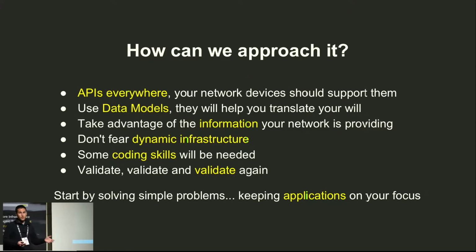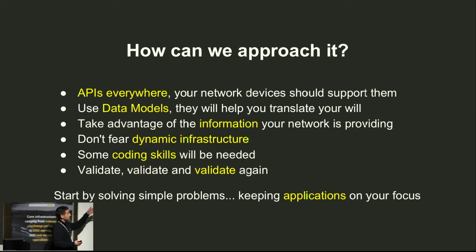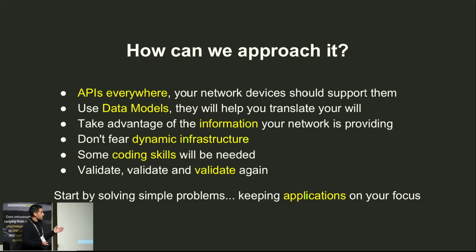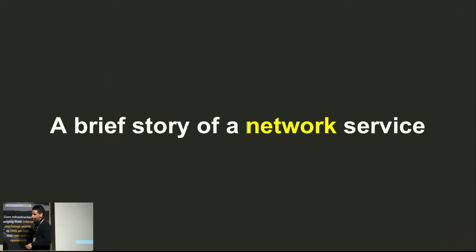Starting from working with APIs and machine-to-machine interaction, to coding skills and iteration, this stuff that makes it possible to create things in an agile way is how we should start thinking in networking. Without leaving the idea that everything should be reliable, we should start thinking about creating network services that are closer to the applications.